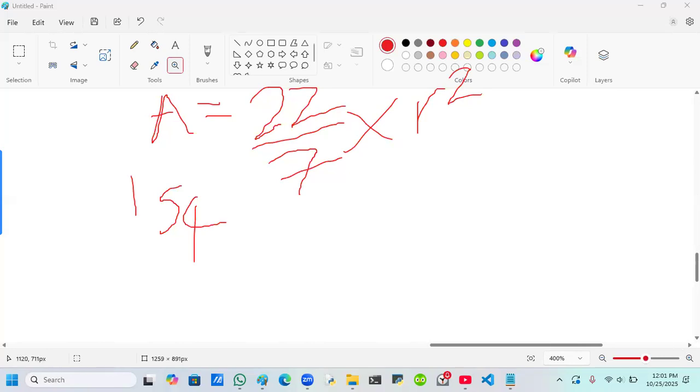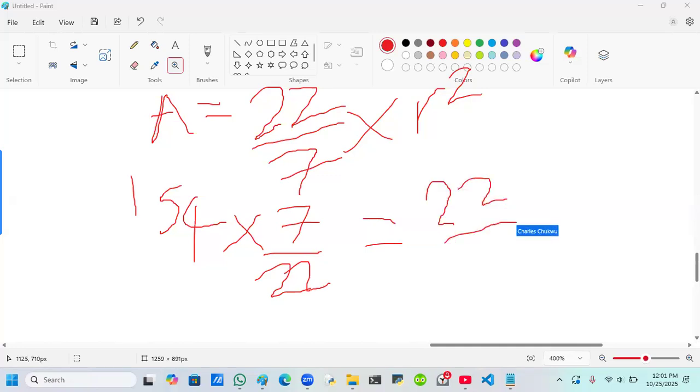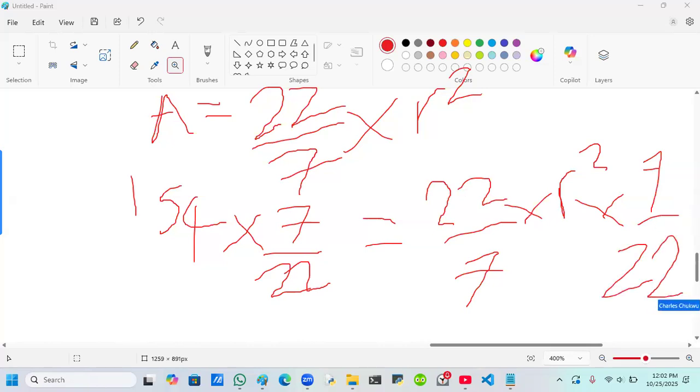So dividing both sides by 22/7 means you're going to multiply by 7/22. 154 times 7/22 equals 22/7 times r squared times 7/22. Simple. The 22 will cancel itself. The 7 on top will cancel the 7 down. Can you see how you have taken care of 22/7 on the right hand side?